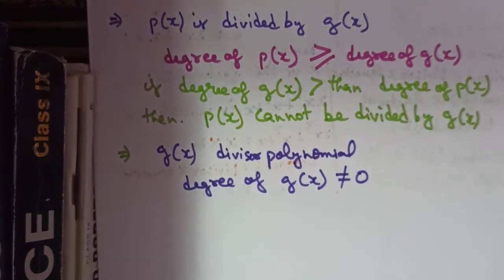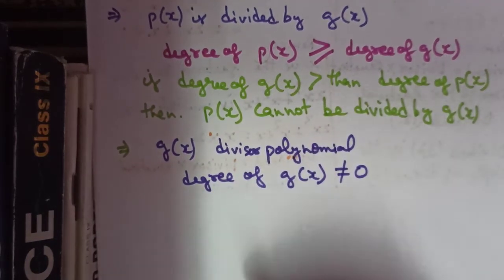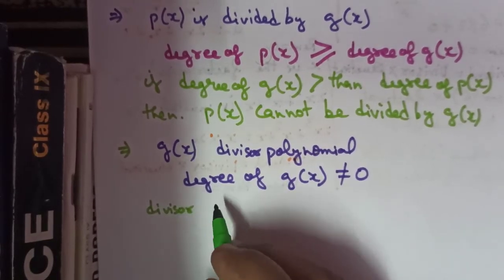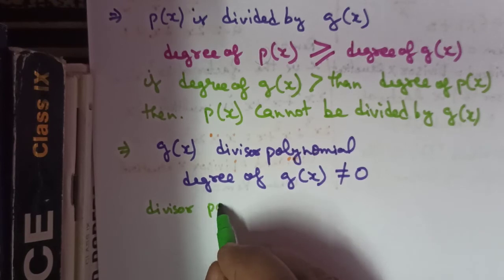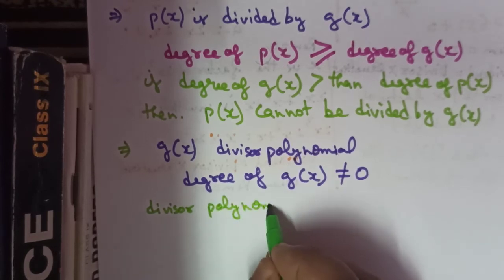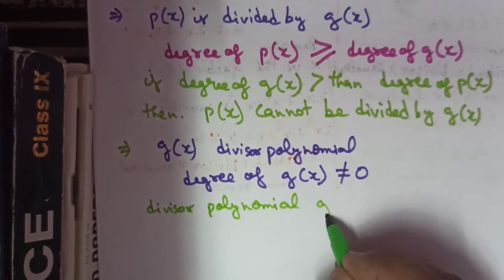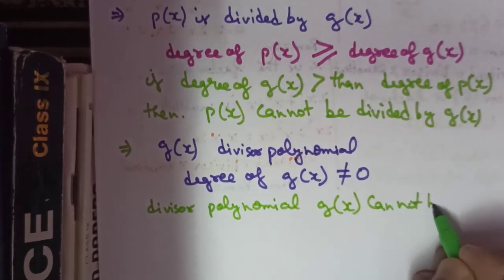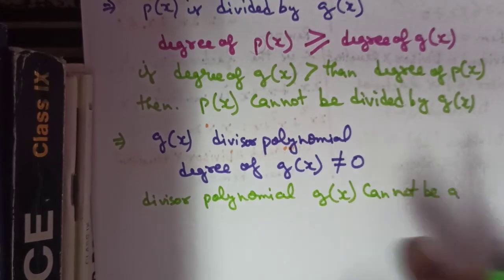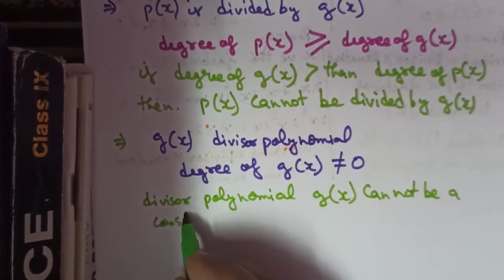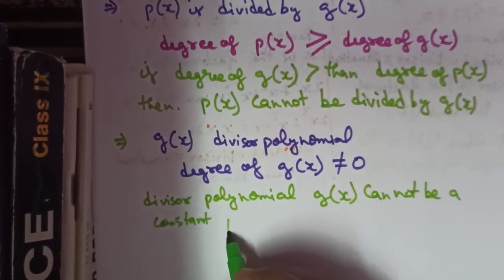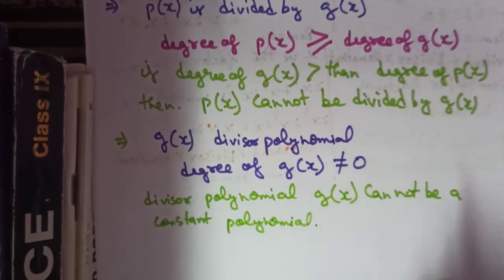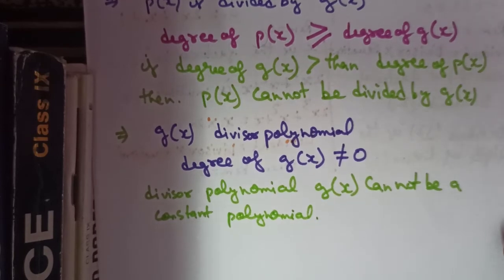That means the divisor polynomial gx cannot be a constant polynomial. It cannot be a constant polynomial. Okay, understood? It cannot be a constant polynomial.